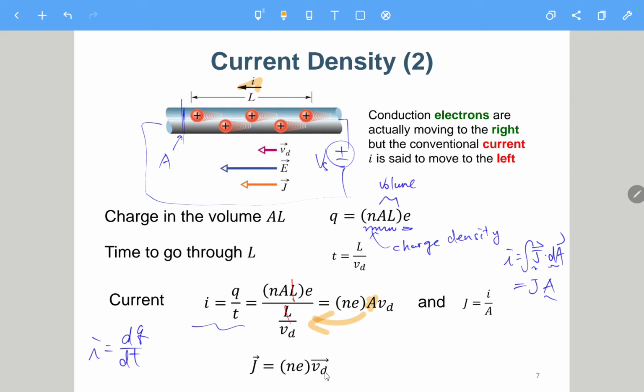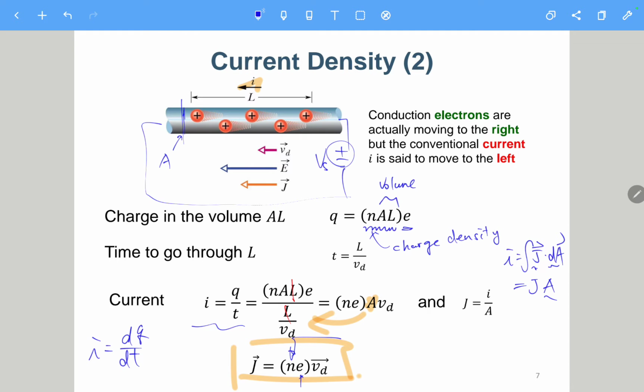So this is what we want to derive. It tells you that J, the current density, is proportional to the velocity of the charge. Of course, here E is a constant. E is the elementary charge, which is always 1.6 times 10 to the minus 19 coulomb. And this charge density N is also a constant for a specific conductor.